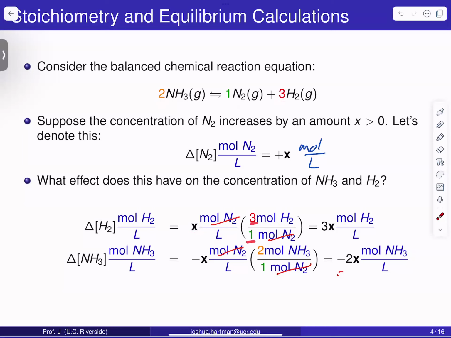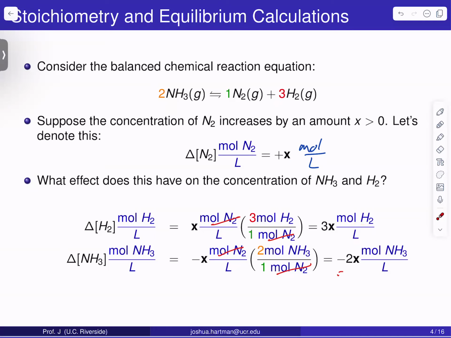We're going to plug those in here, and we will see that for every X moles of N2 that you make, you're going to be making 3X moles of H2, right? And again, just a 3-to-1 ratio.